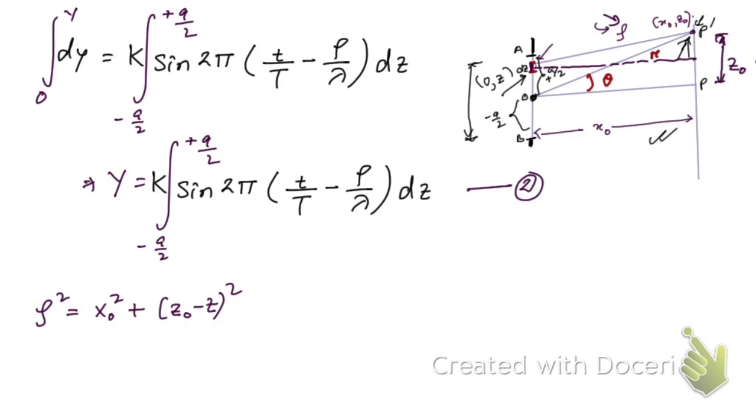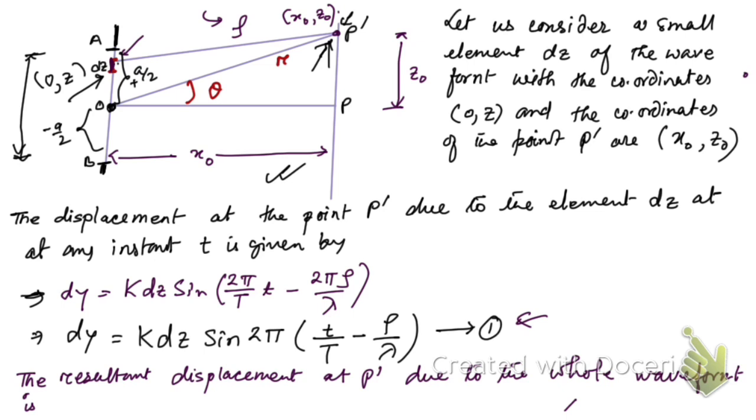Let me go to the previous slide. Here you can see this distance is x naught, right? And if we draw a line here, this gap is z, because this coordinate is 0 comma z. That means the distance between this element dz and the point O is z, right? Hope you have understood this.